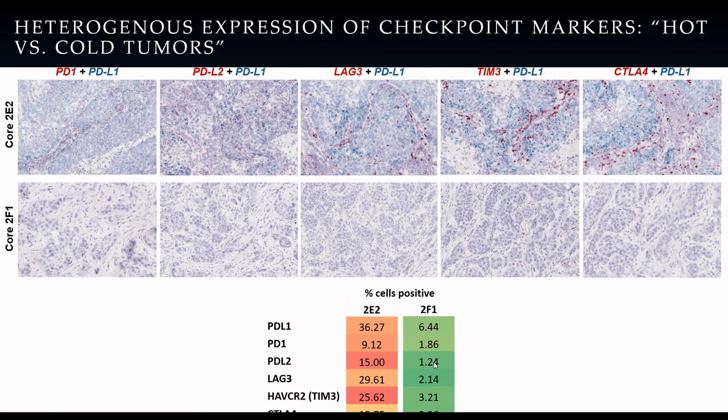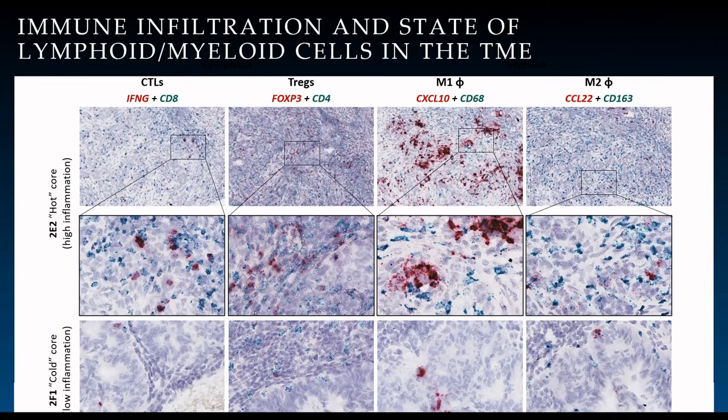What we wanted to see was how the degree of expression of these immune checkpoint markers was affecting the immune cell infiltration in these lung cancer tumors. So here we've compared the expression of certain immune cell markers between these two tumors. And as you can see, the 2E2 core shows a high degree of expression of markers like interferon gamma, CD8, FOXP3, CD4, CXCL10, CD68, and so forth.